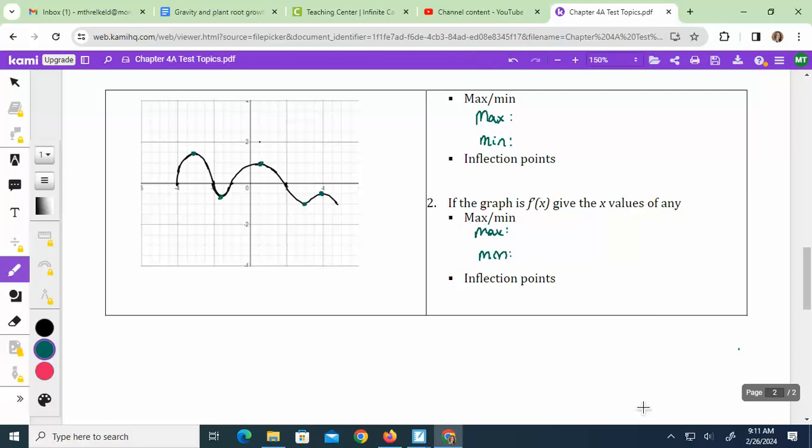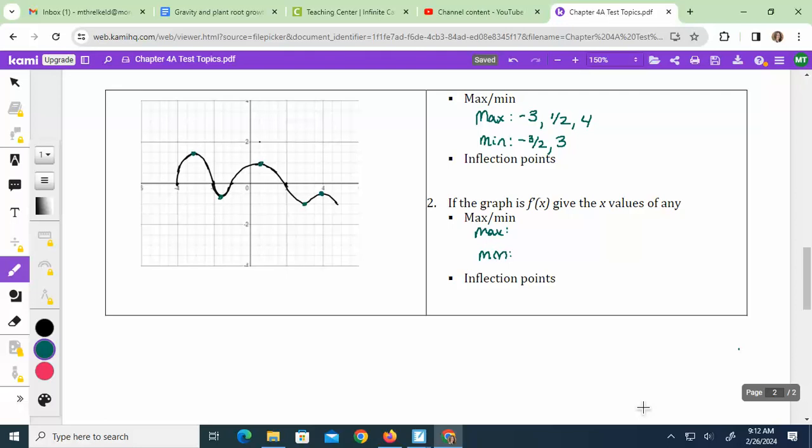So my maxes happen where? -4. And my mins were at -1.5 or -3/2 and +3.